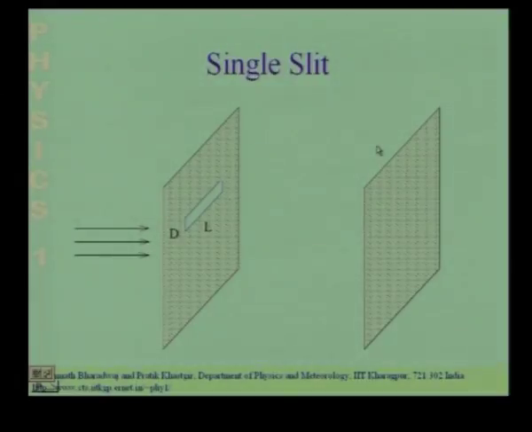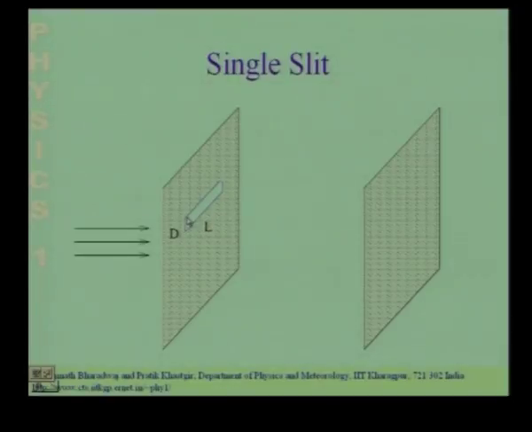And then we had considered a particular problem. The problem was to determine the diffraction pattern of a single slit, and the slit that we had considered was rectangular. So, we have a plane wave incident on an opaque screen in which there is a rectangular slit which has been cut out.